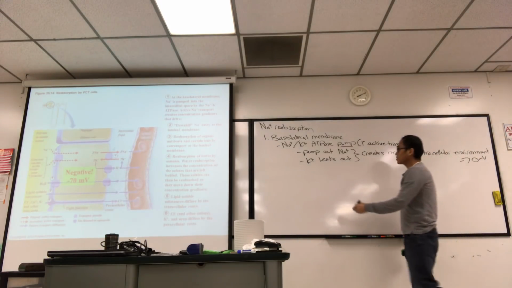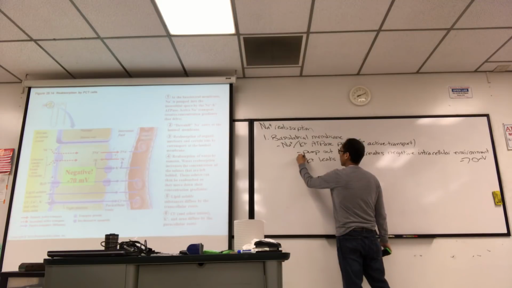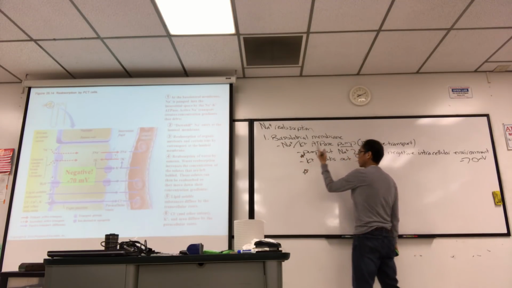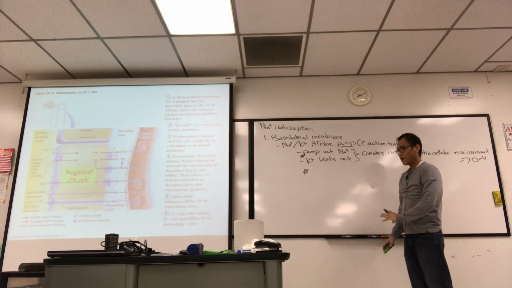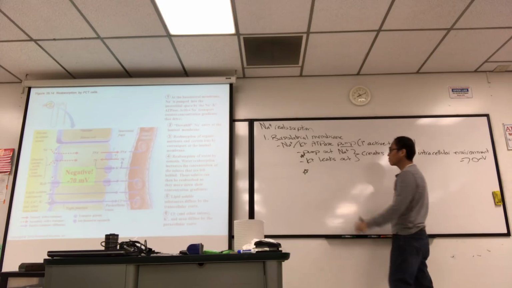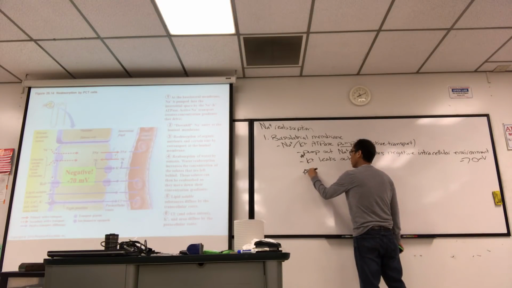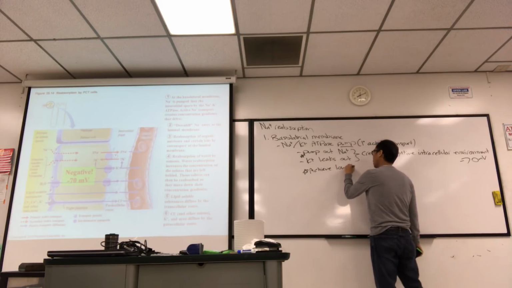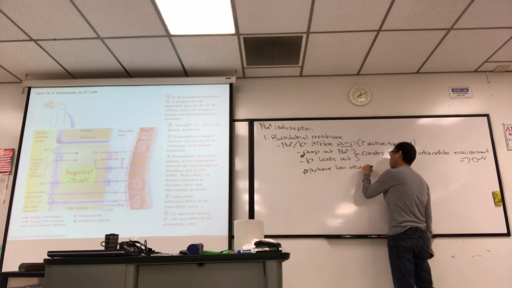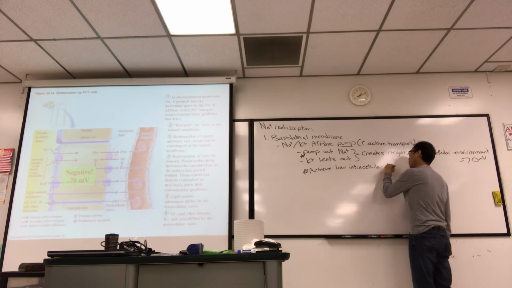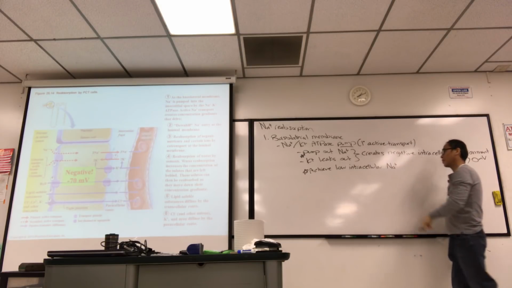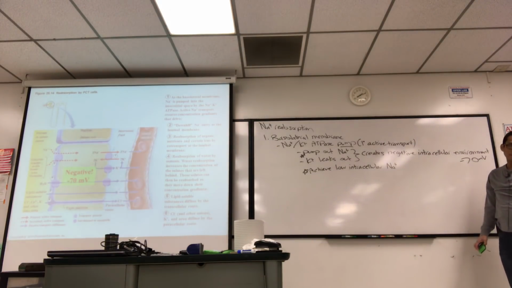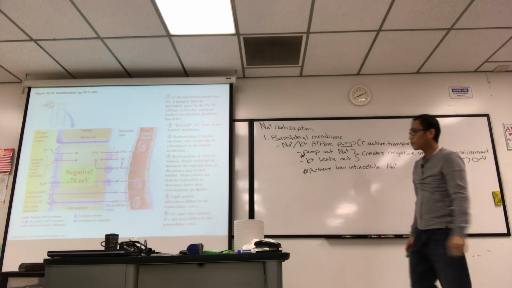Also by pumping out sodium, put a little star here. Also by pumping out sodium, you achieve low intracellular sodium. I put a number to it, 15. Okay, give it a 15 millimolar.